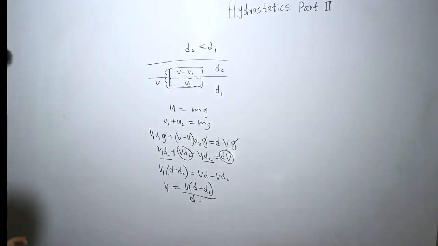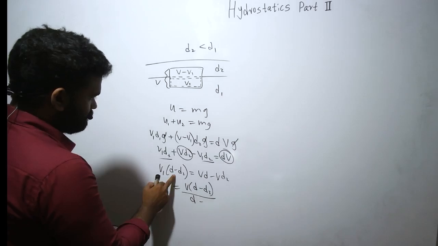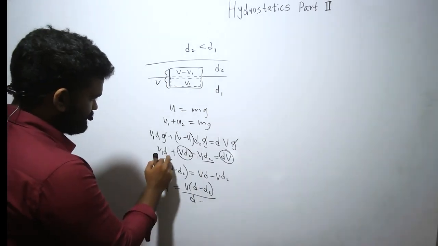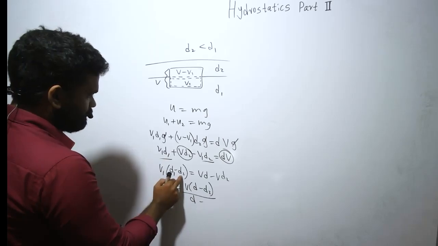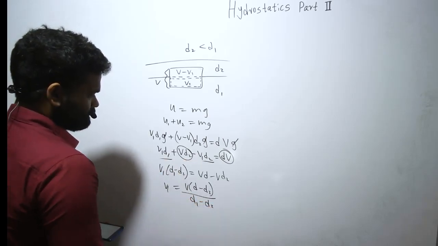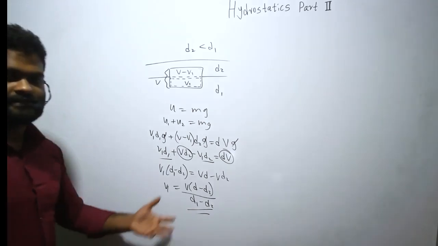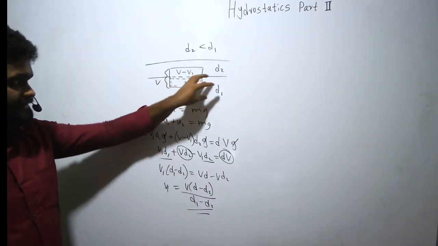D minus D2. This is V1, right? V1, D1 minus D2. So this is D1 minus D2, right? So this is the immersed volume inside the liquid.